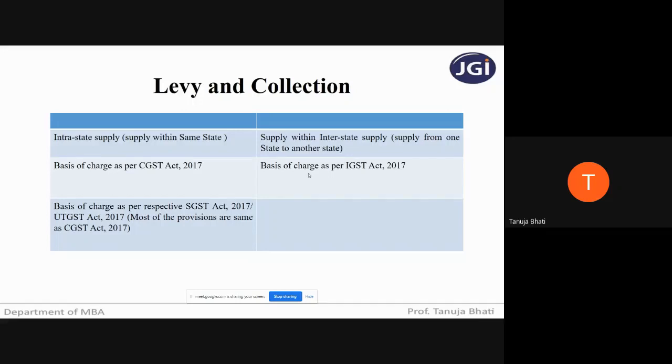And in case of union territories with legislature, again CGST and SGST will be charged if it is within the union territory, and if it is interstate, IGST will be charged. And union territory without legislature, CGST and UTGST will be charged, and if it is interstate, IGST will be charged. So this is all about levy and collection of tax.